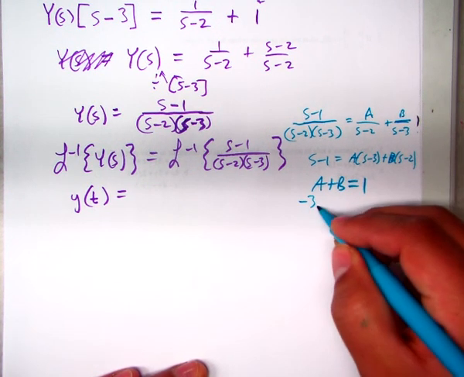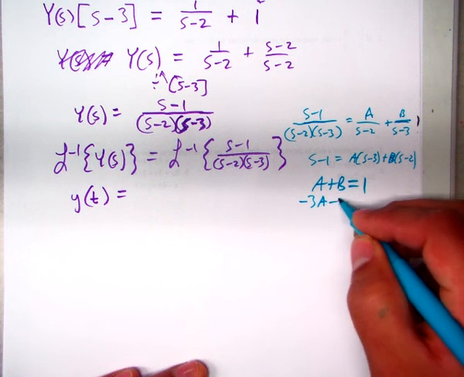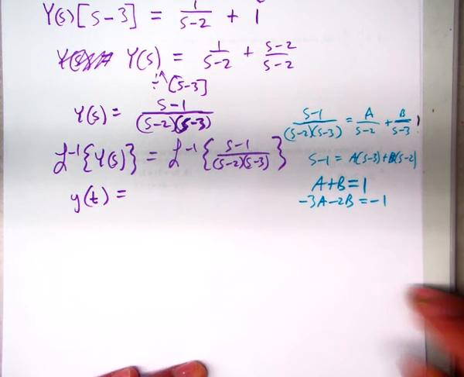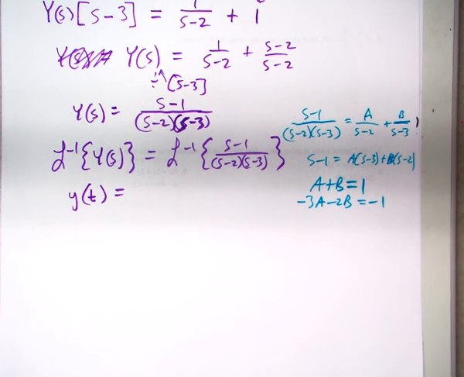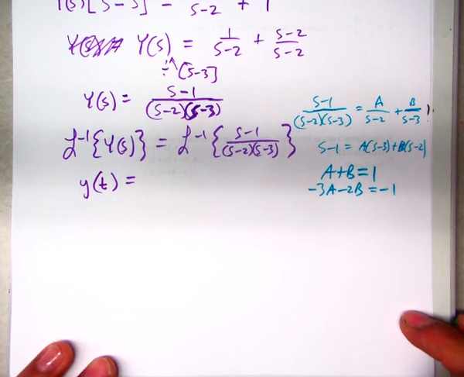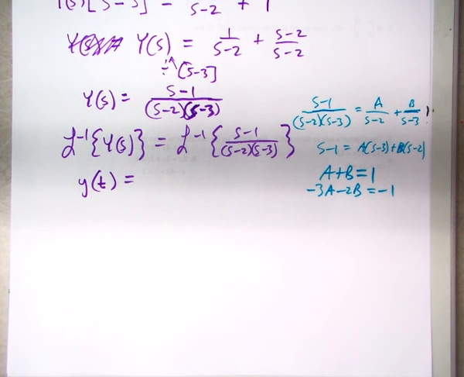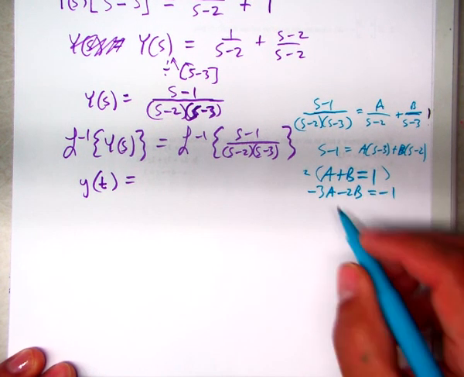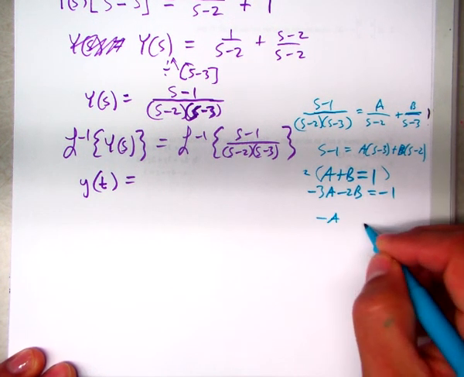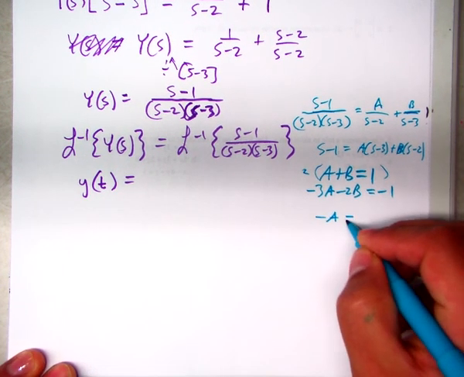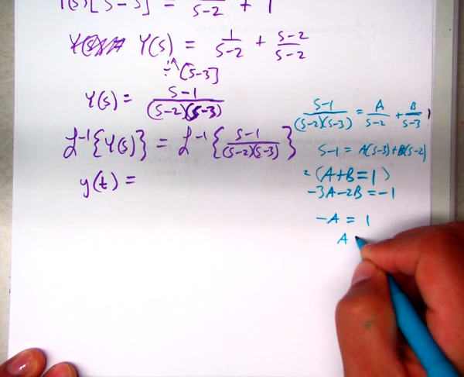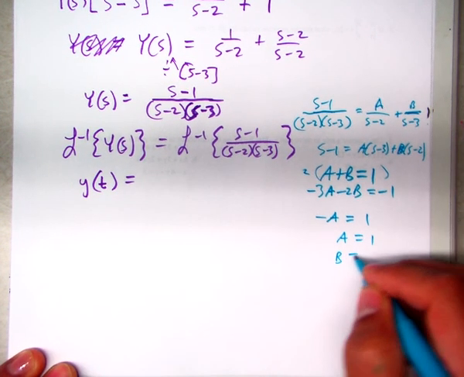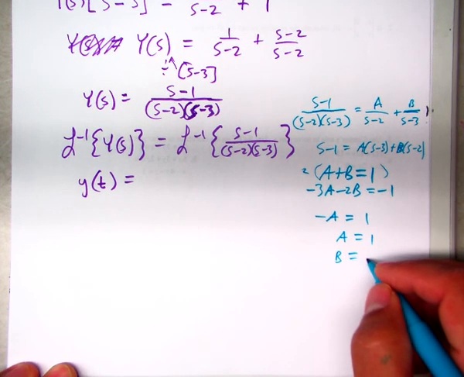Negative 3a minus 2b has to equal negative 1. And if we solve, let's see, maybe double this equation, add them up, you get negative a equals 1, so a is negative 1. So that means b would have to be 2.